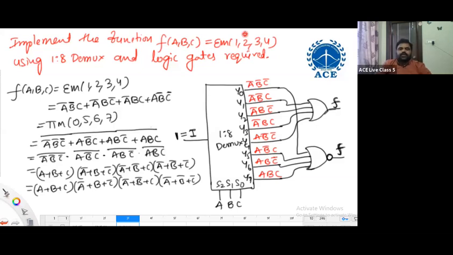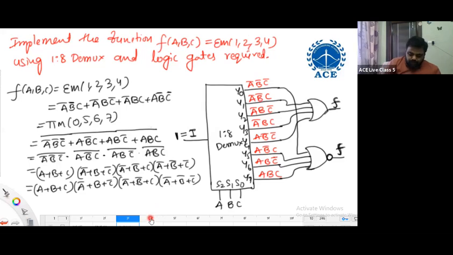That's the way we can implement a logic function using a demultiplexer also. A similar analysis we are going to do using a decoder. We are going to extend these implementations in the decoder because there is a similarity between demultiplexer and decoder. Let us understand what the similarity is, then we extend this discussion.